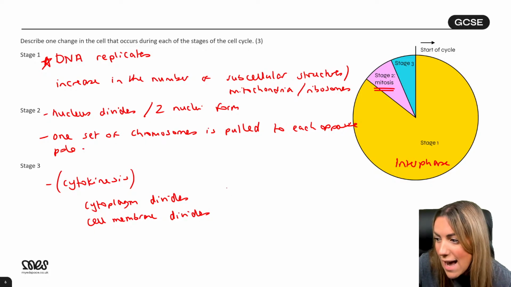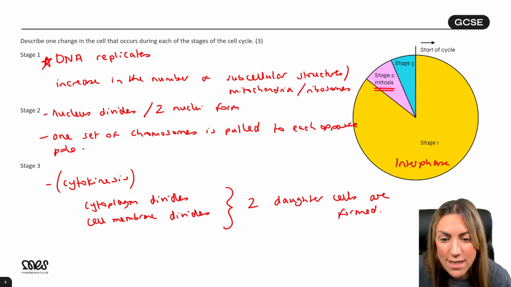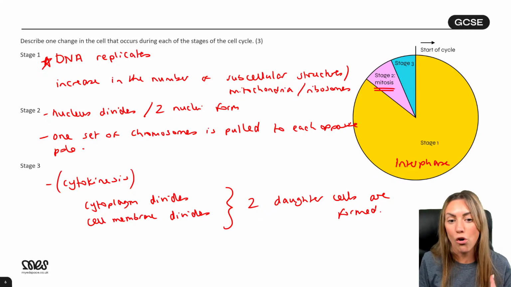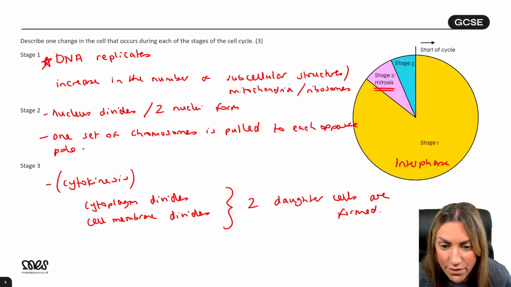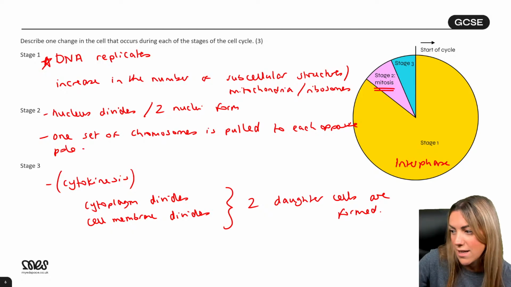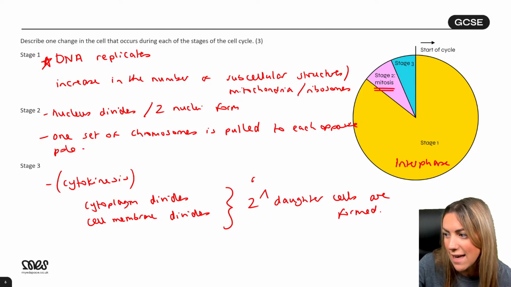Excellent work. And yes, 2 daughter cells are formed. Now, because this is mitosis, are they going to be genetically different or are they going to be varied? Genetically different, or is there going to be genetic variation? Identical, yeah. So let's add that in because we know that as well.